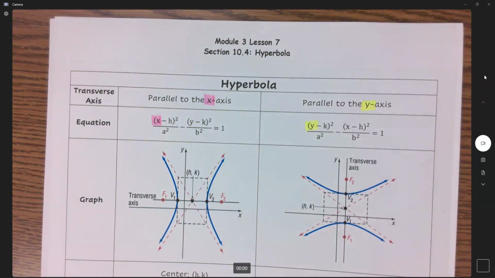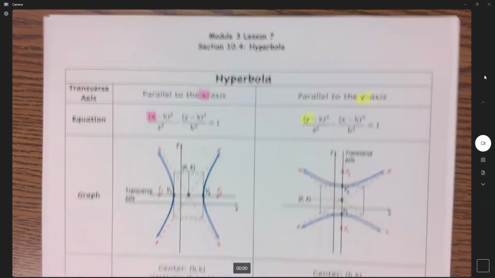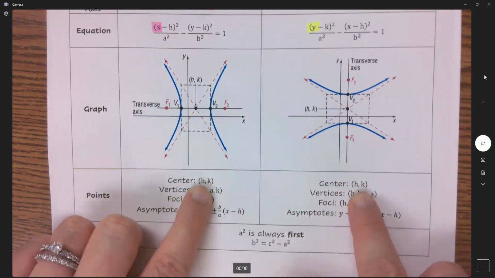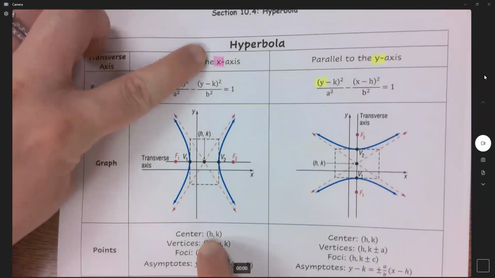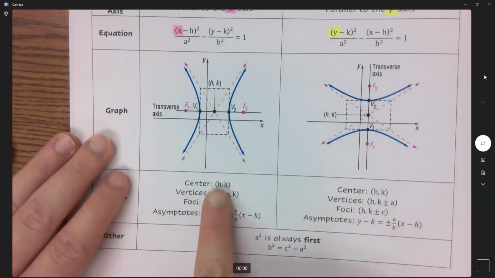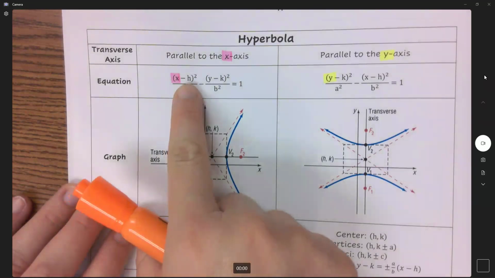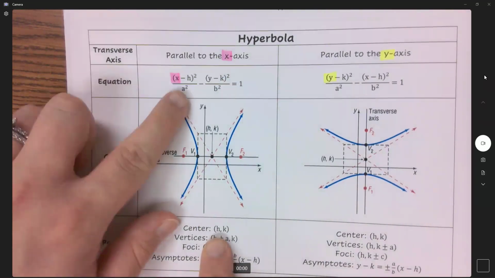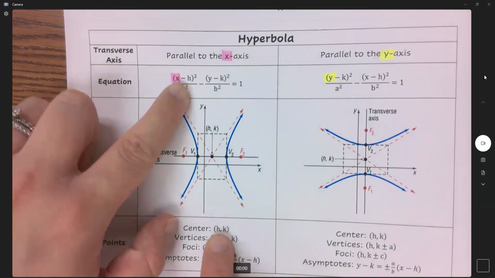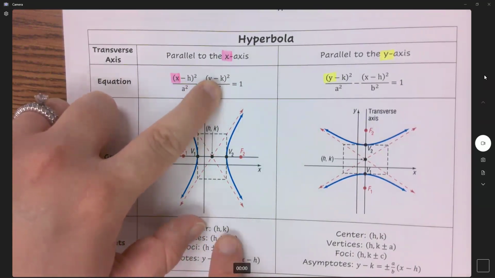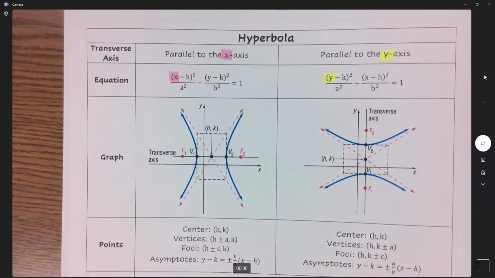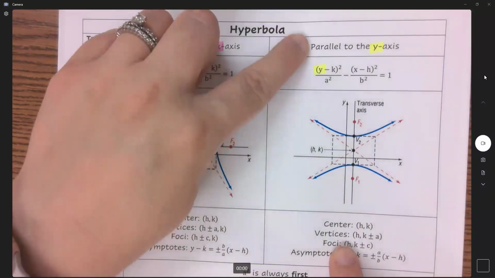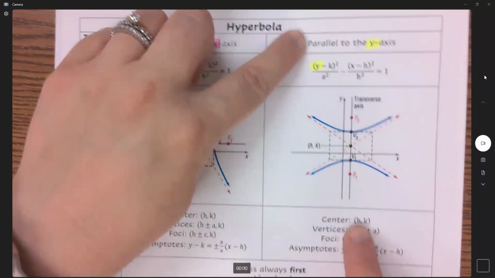Now, one thing I want you to really be careful on are these centers here. When it is parallel to the x, you have center at H, K, and remember inside opposite. So minus H means a positive H, minus K means a positive K. When you go parallel to the y-axis, your center doesn't change.